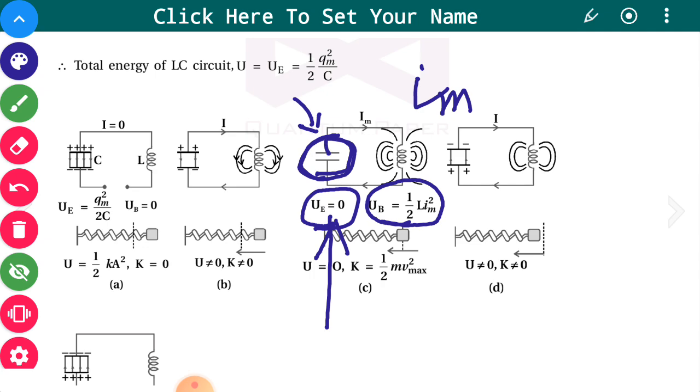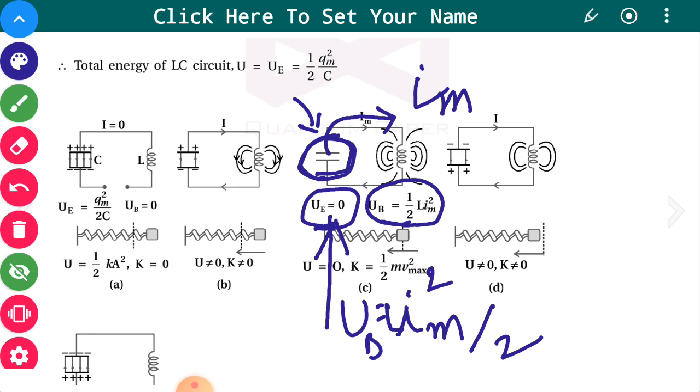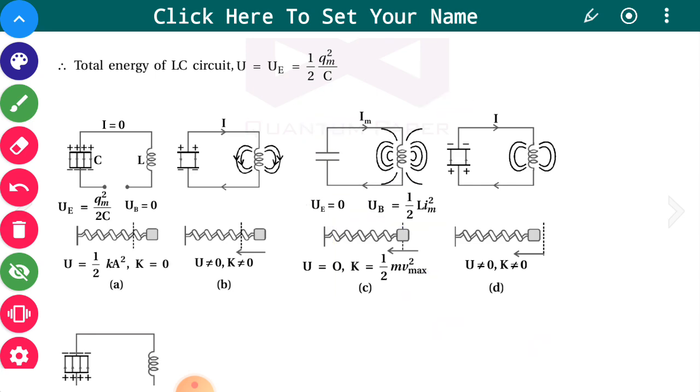The total charge has come out from the capacitor and it is flowing through the inductor, and the maximum current through the circuit is Im. So energy associated with the inductor, in the form of magnetic field, is L i square by 2, that is L into Im square upon 2. That is very easy to understand.